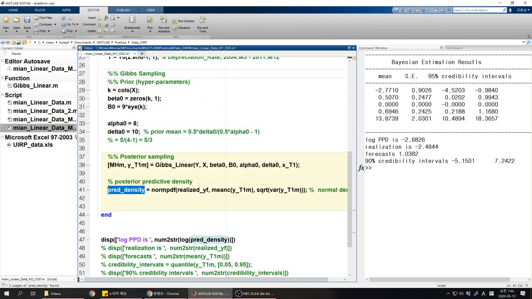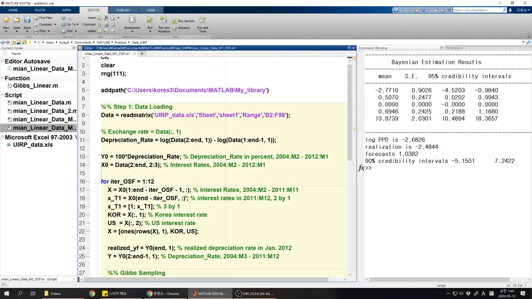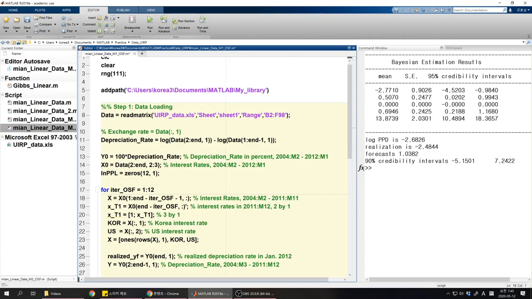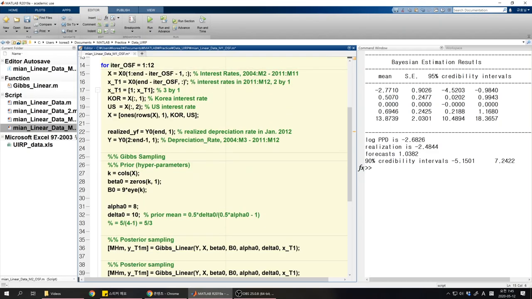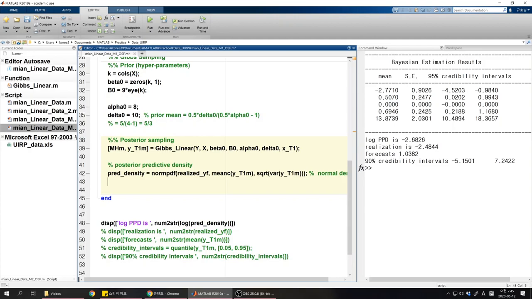Here we have to save the log posterior predictive density, log PPD. Let me make a storage first. PPL equals zeros of 12 by 1. Oh, sorry.